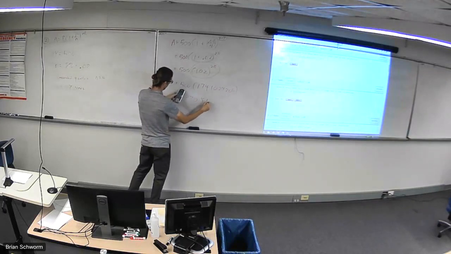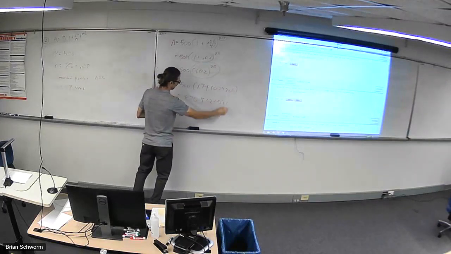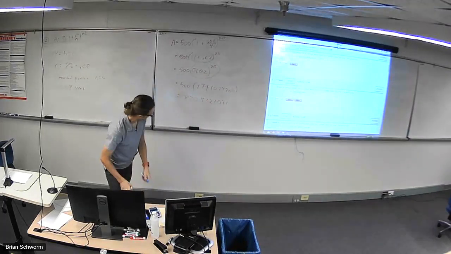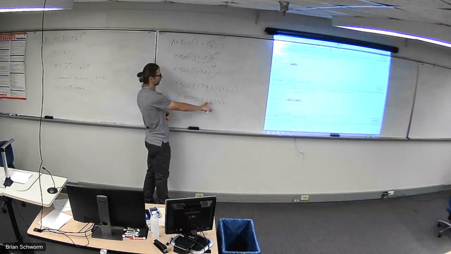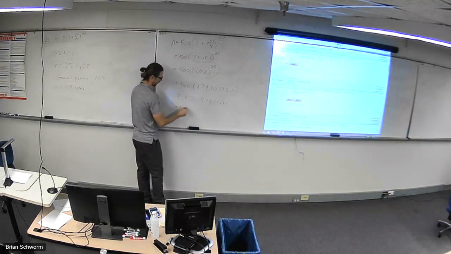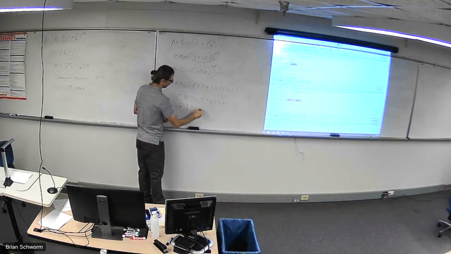It's 870.512103. Round to the nearest cent. Right now, next thing's a 2, so I have to leave it. $870.51.